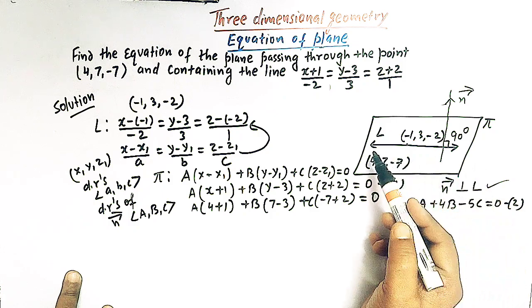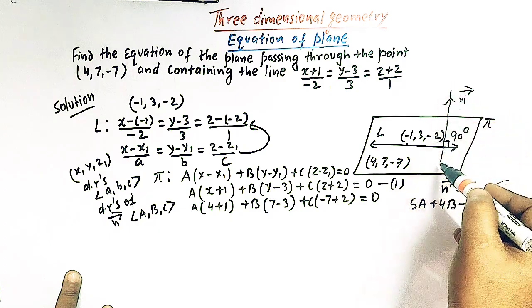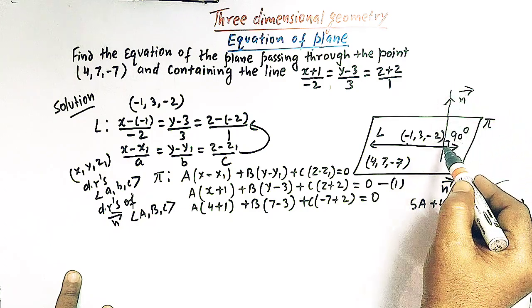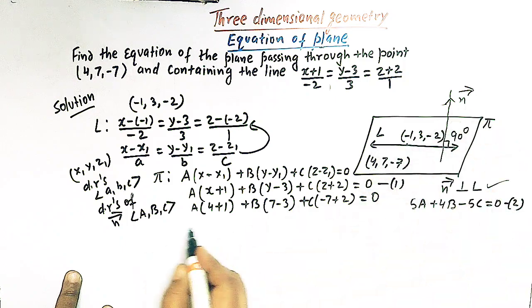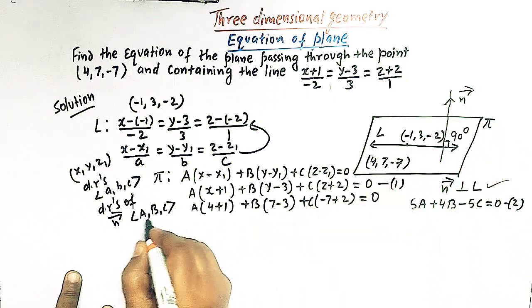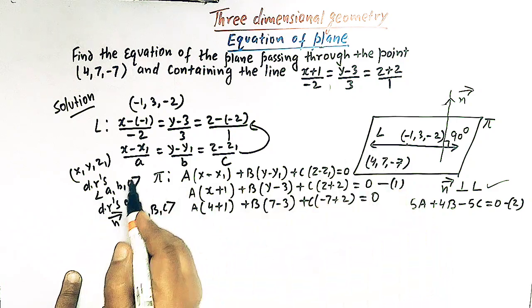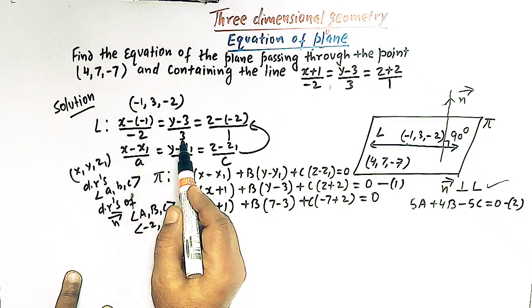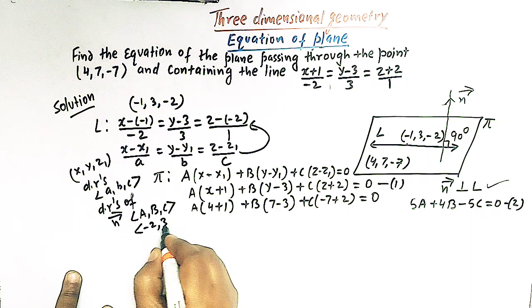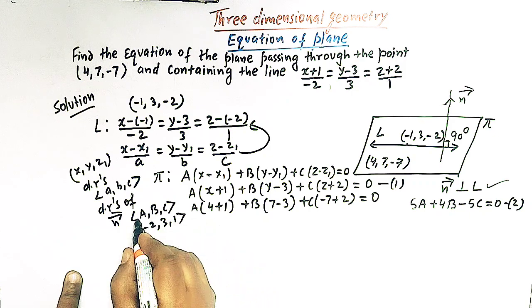Since this plane pi contains this line L, the normal vector to this plane pi is also perpendicular to this line L. Now the direction ratios of the normal vector are A, B and C, and the direction ratios of this line L are given by minus 2, 3 and 1, right?